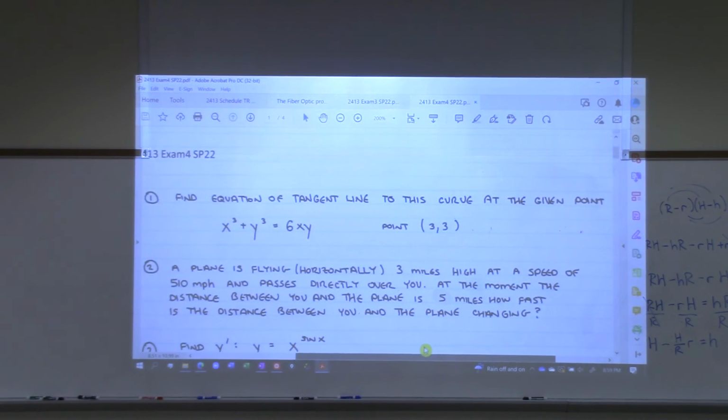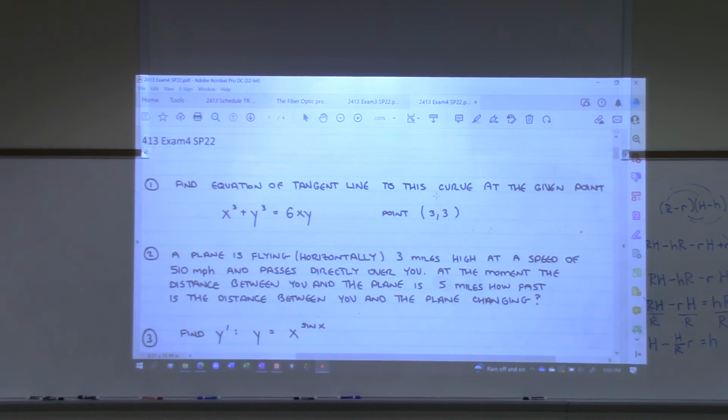First problem, implicit differentiation. This will be on your test. This will probably be the first problem that you have on your test, because this comes right after chain rule. Right? Implicit differentiation, that's where you have to take the derivative on both sides of the equation with respect to x, right? And here I'm asking for the equation of tangent line, so you have to figure out what dy/dx is.